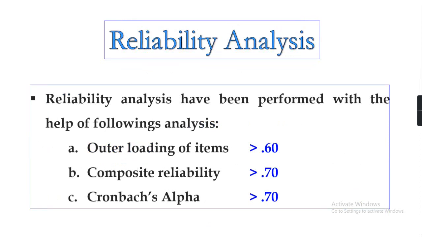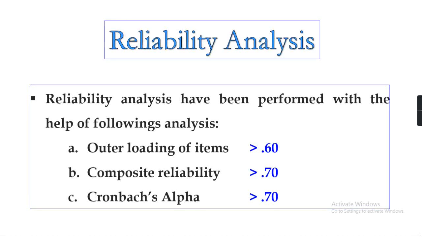Before going to this, we must remember that each method of reliability analysis has a threshold limit. As we discussed earlier, reliability analysis is performed with the help of three analyses. The first one is outer loading of items. The item values must be greater than 0.60, which is the acceptable threshold limit.